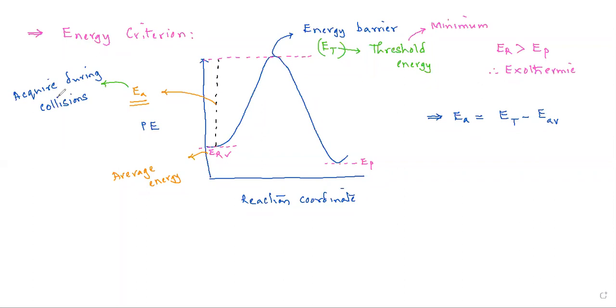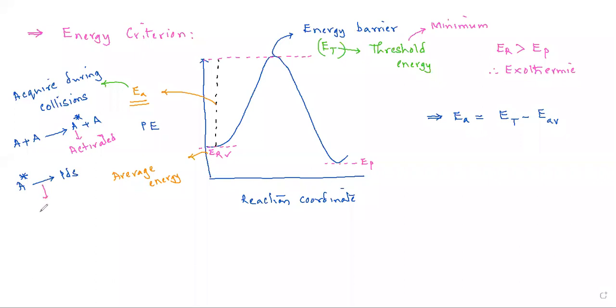Say during collisions, some molecules gain energy and some others lose energy. Suppose two molecules are reacting. One molecule gains energy and the other one loses. The molecule that has gained energy is said to be activated. Now only the collisions that occur between these activated molecules lead to the formation of products.